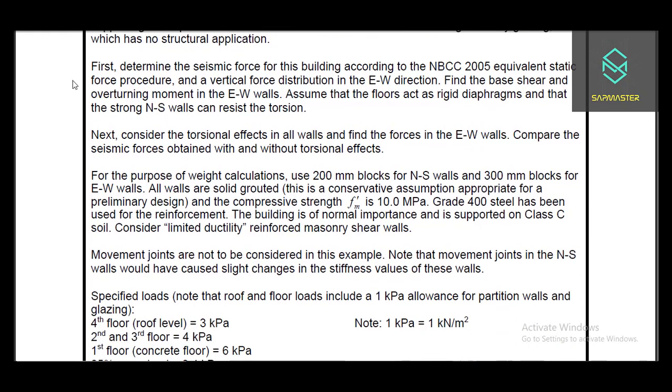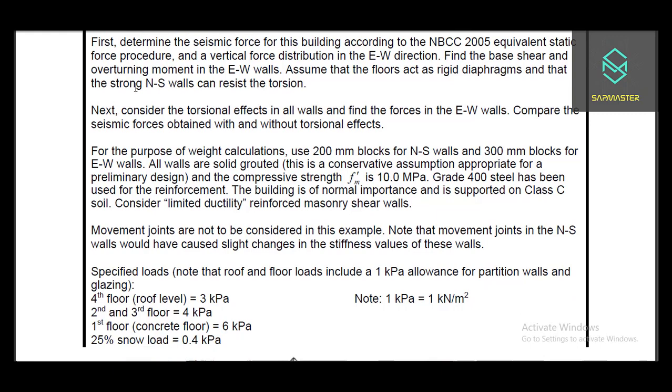At first we're going to determine the seismic force for this building according to the NBCC 2005. The equivalent static force procedure is the one that we're going to use, with a vertical force distribution in the east-west direction. We're going to find the base shear and overturning moment in the east-west walls, and we're going to assume that the floors are acting as rigid diaphragms and the strong north-south walls can resist the torsion.